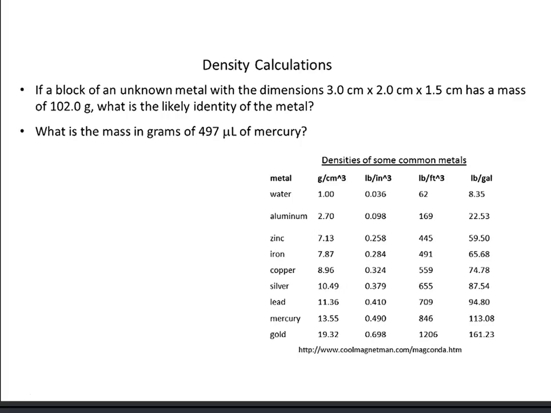So we have a table down here at the bottom that includes densities of some common metals. And by comparison, water is in here as well. What we need to do is calculate the density based on the numbers that were given and compare that to the numbers in the table.